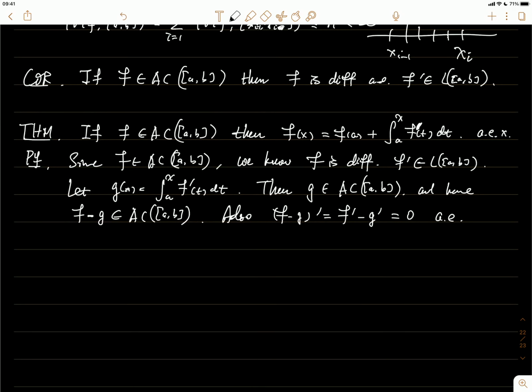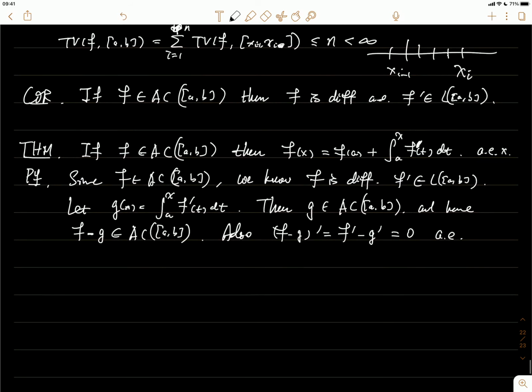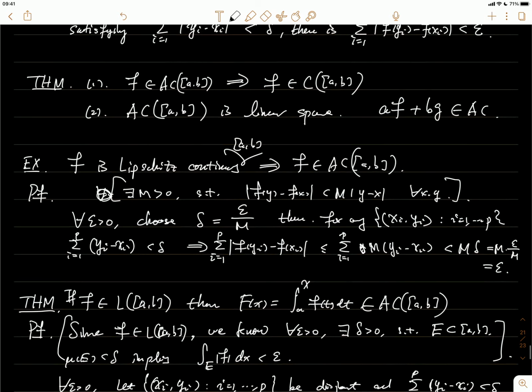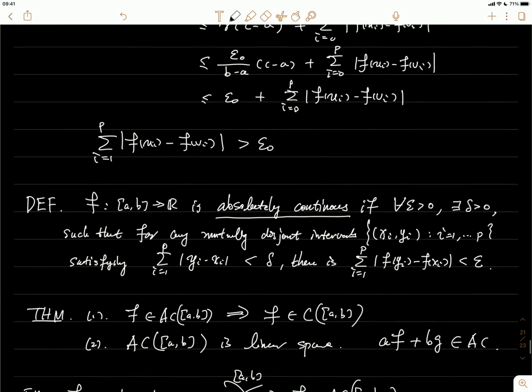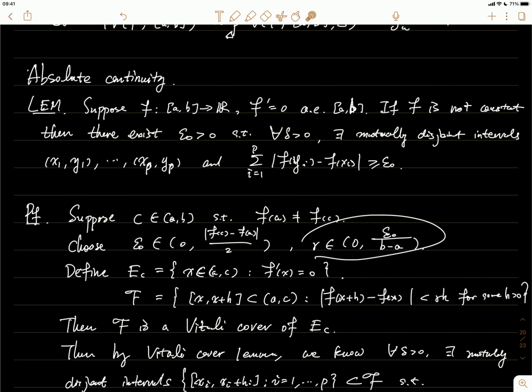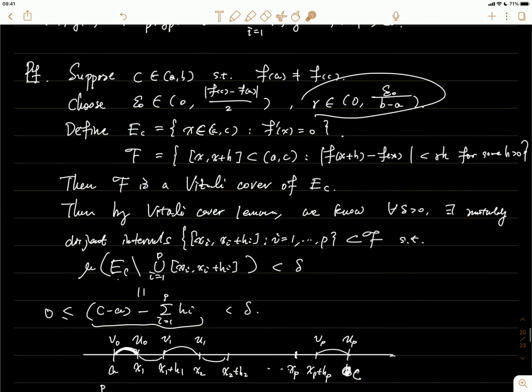Then we'll claim that f minus g is constant. The reason is, if f minus g is not constant, then recall the lemma we had. If the derivative is equal to 0, but f minus g is not constant, then f minus g will have this property, which means f minus g is not in AC.